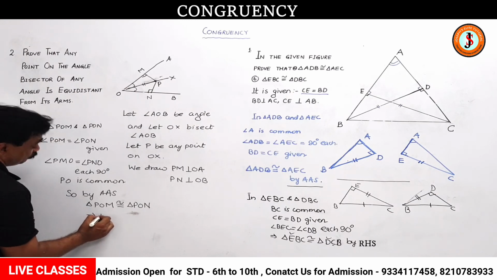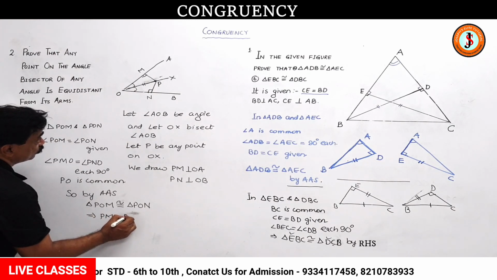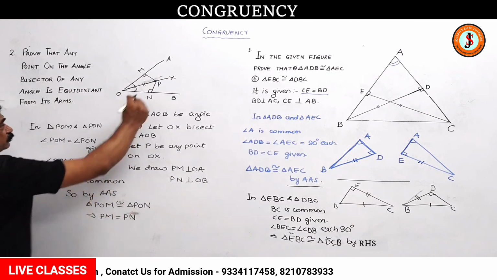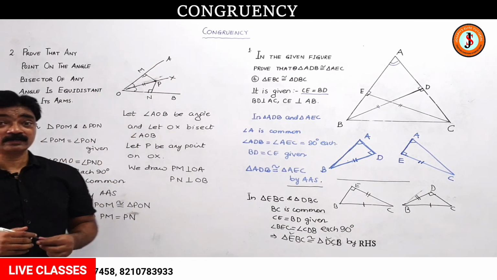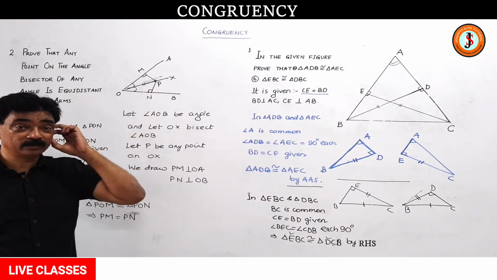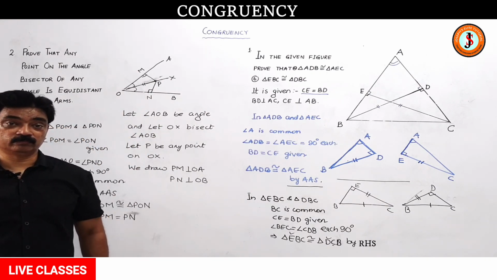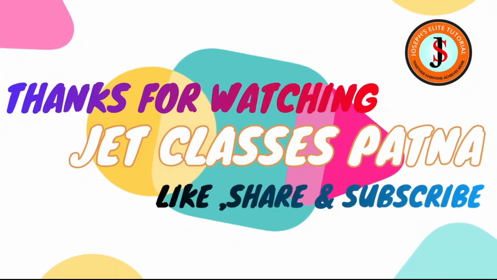This implies that PM is equal to PN. So if this point was shifted here also the same result would have happened. This is to be used in my later congruency. This is a very, very important theorem.